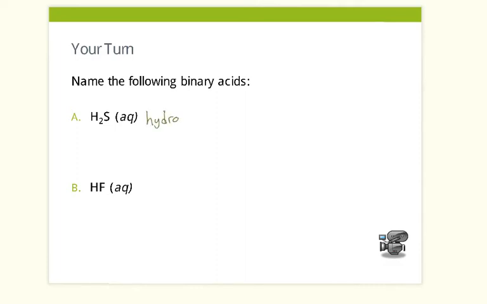And then our nonmetal is sulfur, so we're going to say sulfur and then add the ic ending, so hydrosulfuric, followed by a space and acid. Here we have hydrofluoric acid, the base name followed by the ic, and we have a space and we write the word acid.